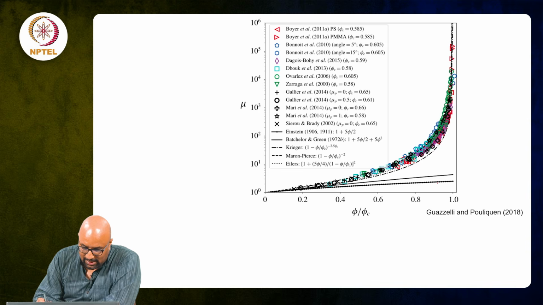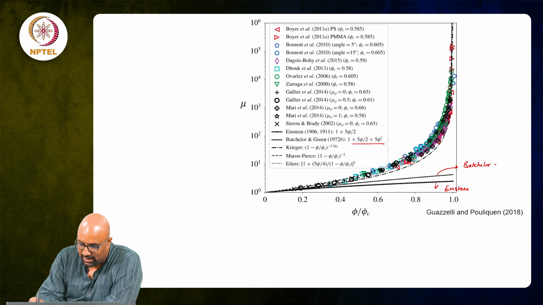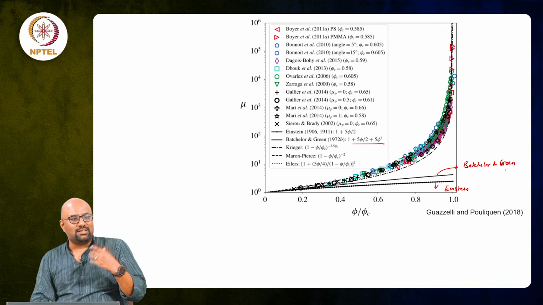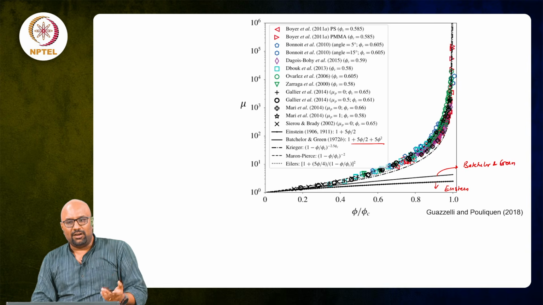So, the curve that you have here, this is Einstein. The curve that you have here is the one that we discussed, that was done by Batchelor and Green in 1972, which was basically going through that exercise of asking what is the relative velocity of the two-particle pair interaction problem, and then what would be the pair probability, and then using the pair probability you try to find out the two-particle stresslet calculation.